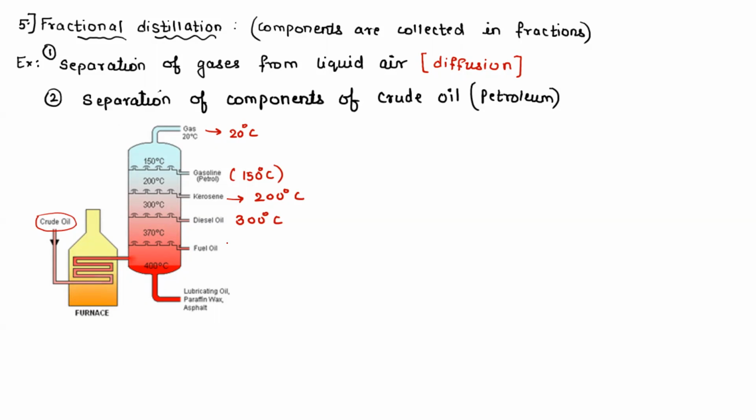The component with the lowest boiling point will come out first, and different fractions are collected separately. So separation of components of crude oil is a very classic example of fractional distillation.